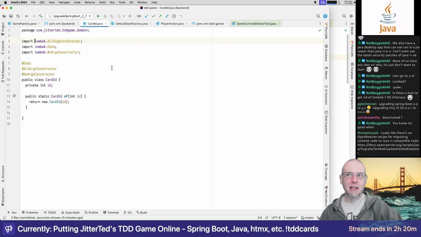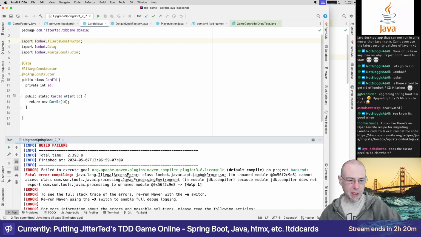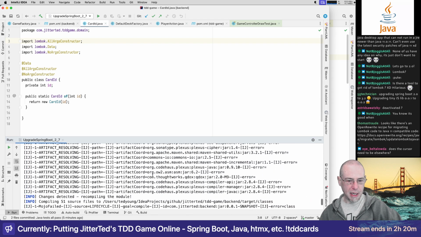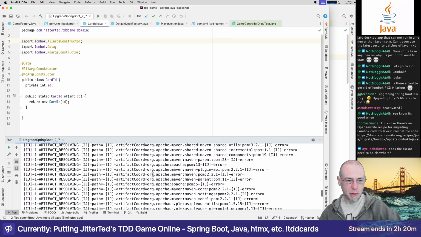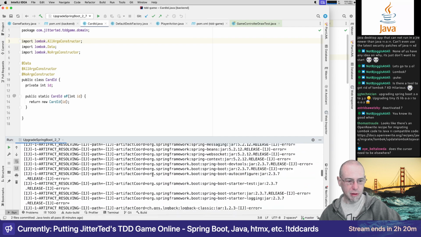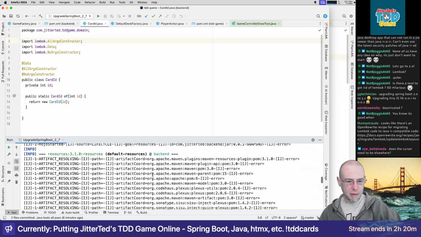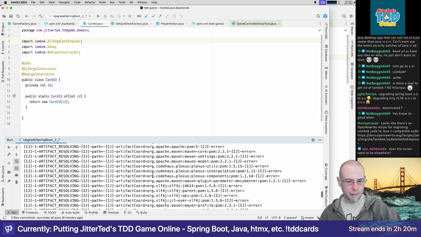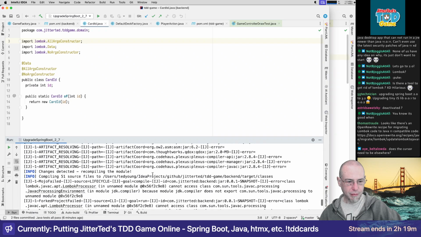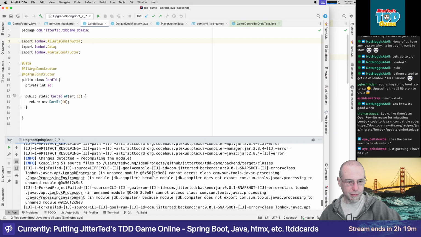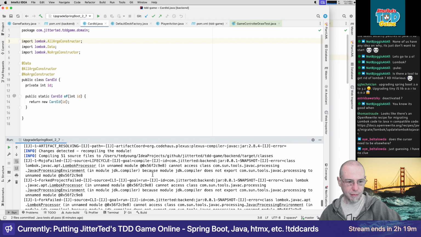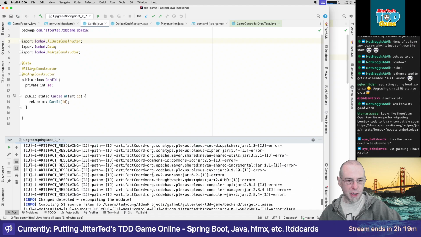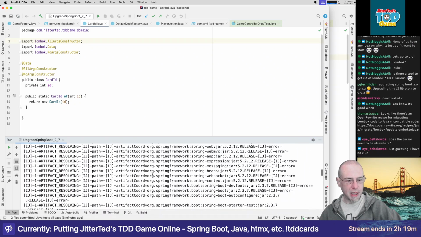Yeah, I'm past Java 11, so I'm not sure what the problem is. It's basically saying, I don't know why it was trying to compile it since it was already compiled. I wonder if it was using the wrong version of Java to compile this.